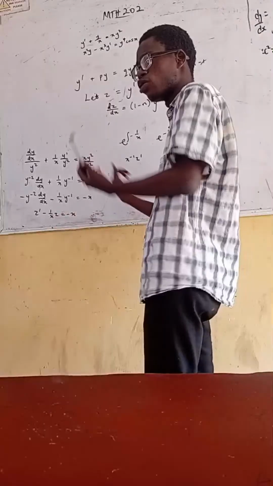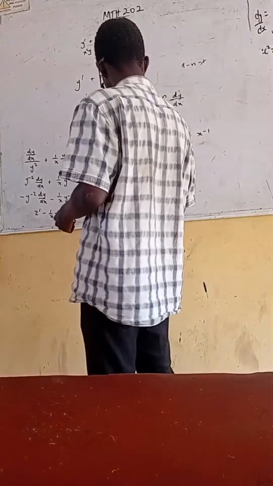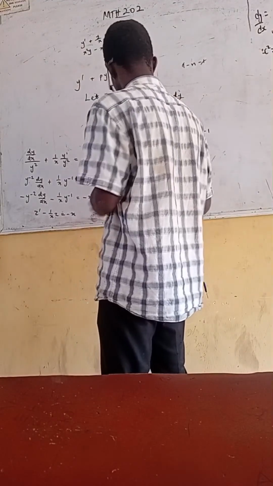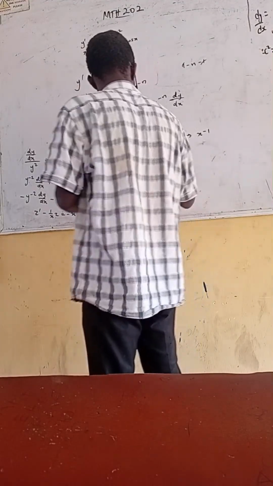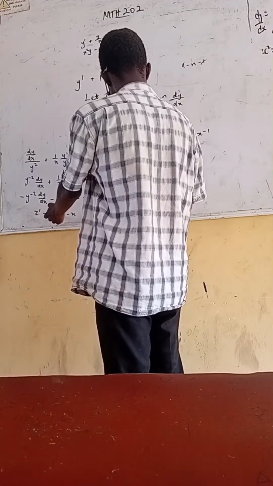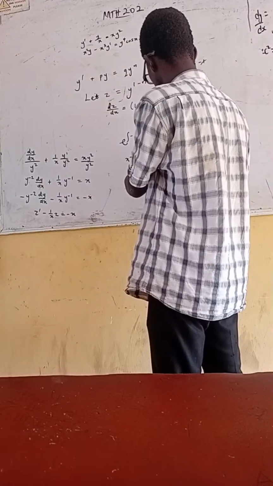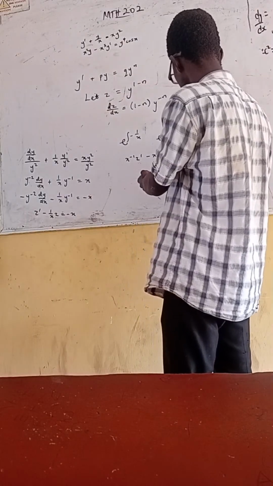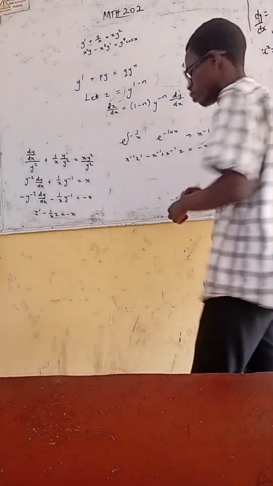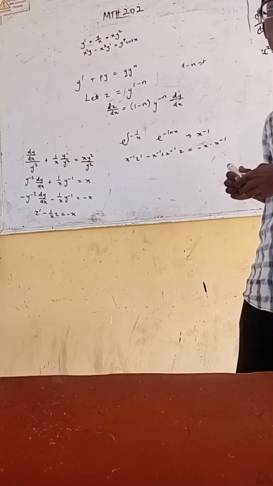So we are multiplying by x minus 1. Let me write it out so it won't confuse. I'm multiplying it by x minus 1, and z is in front of it, equals minus x times x minus 1.